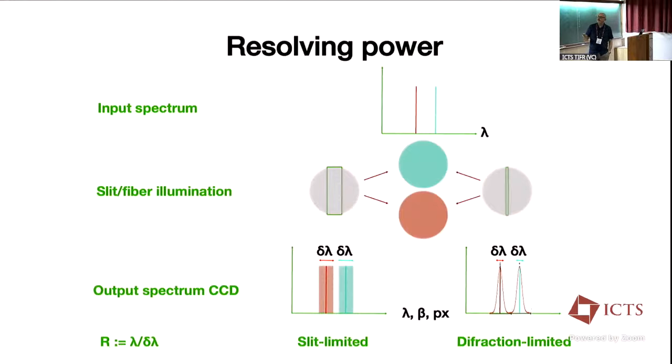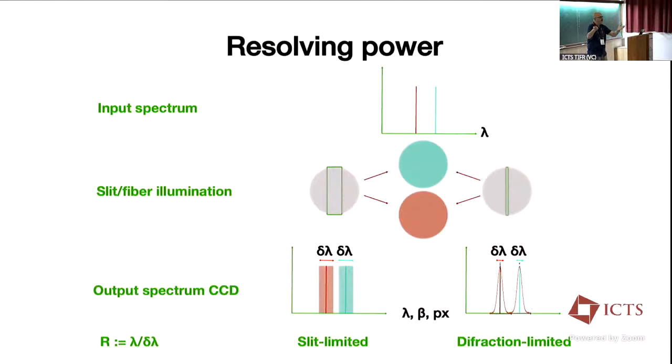That's my input spectrum. Let's suppose I have two lines here of slightly different wavelengths. I illuminate my slit or my fiber here with these two lines. What does a spectrograph do? A spectrograph does nothing else than making an image of the input slit on the detector, and this for all the wavelengths.